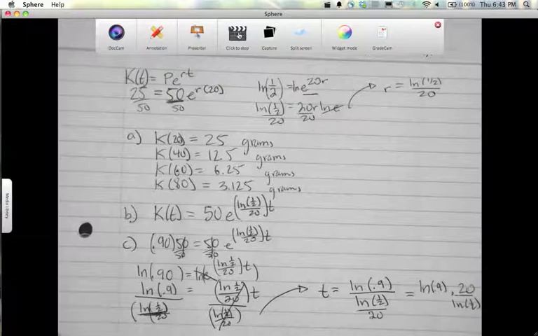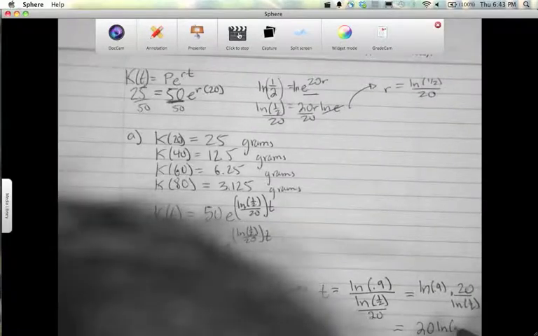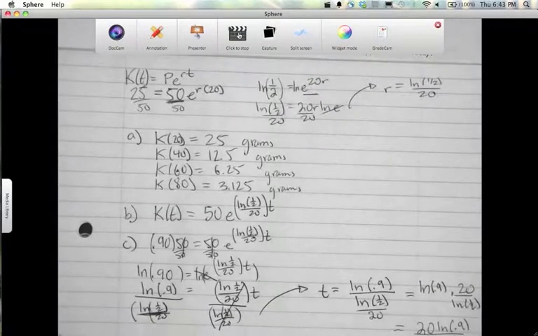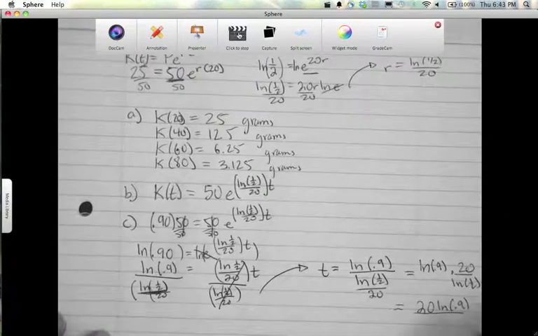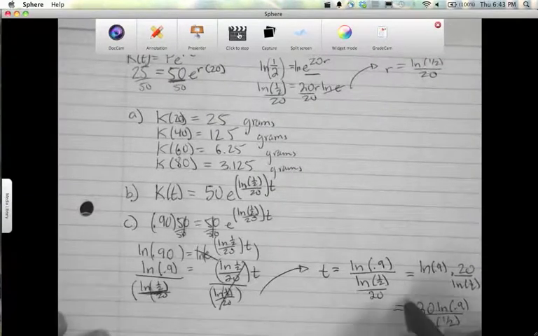I know, it's weird. Get over it. And so I end up with 20 times natural log of 0.9 over natural log of 1/2. And that is my solution.